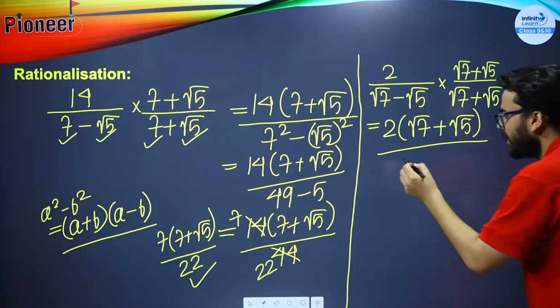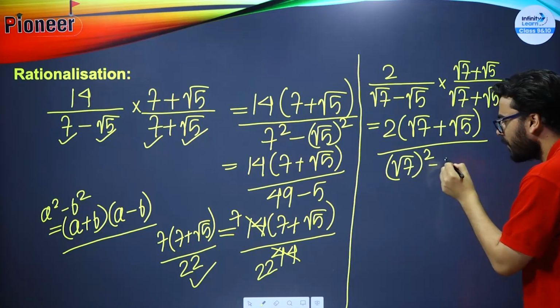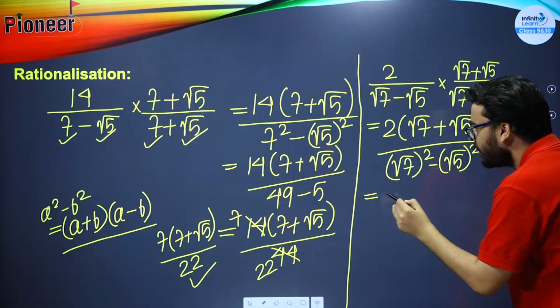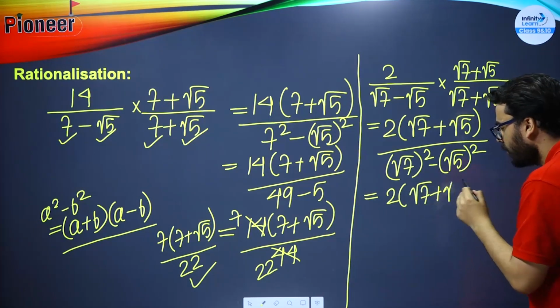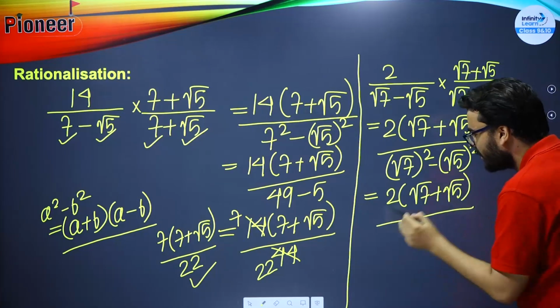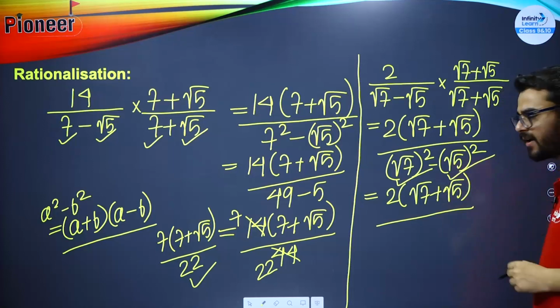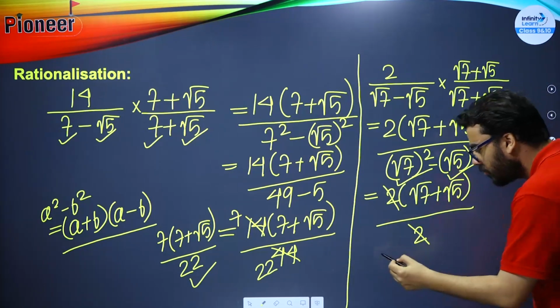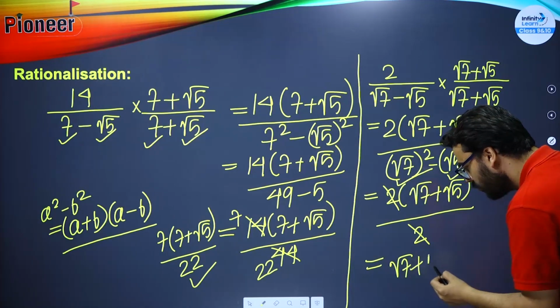So you see it will be a square minus b square, or you can say root 7 the whole square minus root 5 the whole square. So basically that will be 2 into root 7 plus root 5, and in the denominator this will be 7. Root 7 the whole square is 7. Root 5 the whole square is 5. So 7 minus 5 is 2. So this will get cancelled out. So we are going to get root 7 plus root 5 over here.